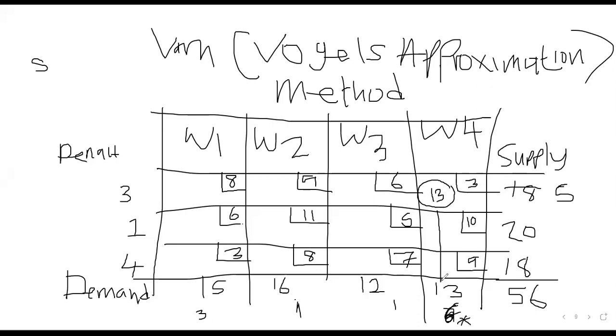What next? You will find a fresh penalty. Here they will remain with a 5 supply, where we had a supply of 10. These ones go, the initial ones. So what do we do here? The penalty still remains at 3. The penalty still remains at 1.